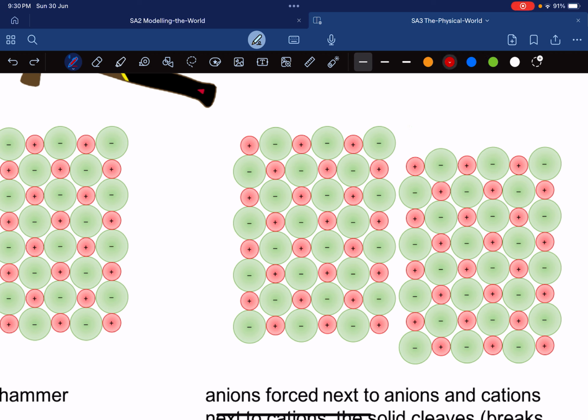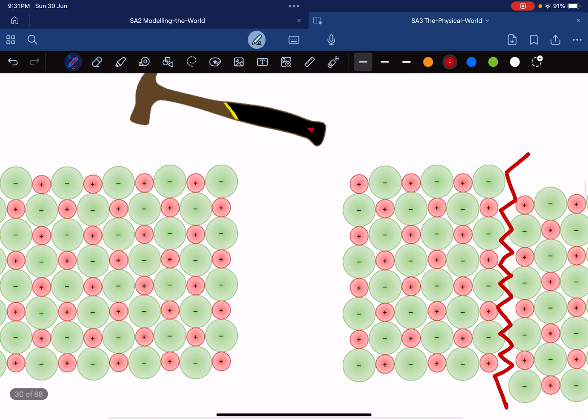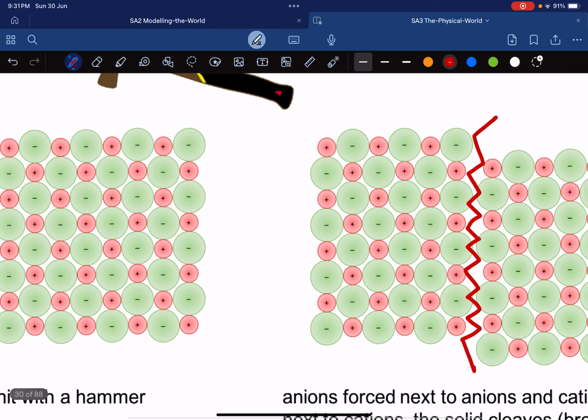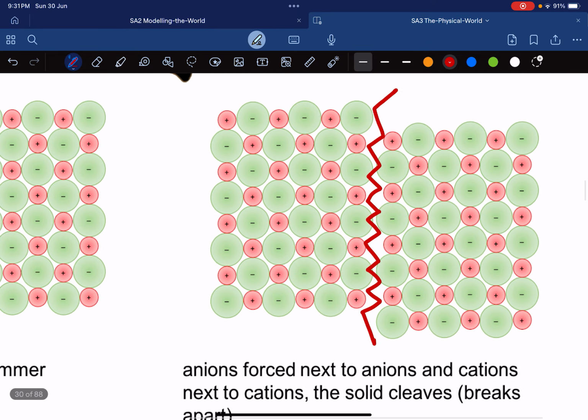Because ions of the same charges come face to face, at this very moment, there will be a crack. Like glass cracks, ionic compounds crack as well. That is why we call them brittle. So when you hit with a hammer, if it's hard enough, the layers will slide and ions with similar charges come face to face.